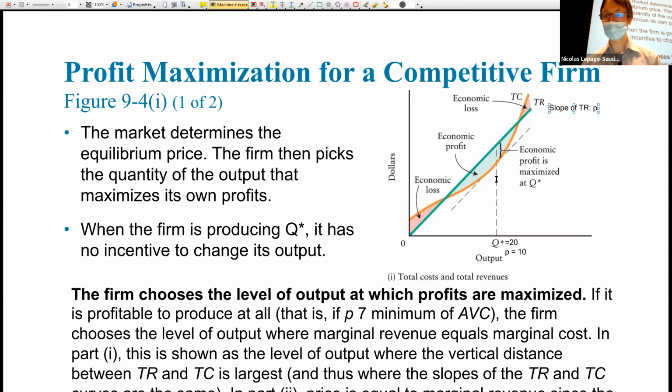And then what matters is the total cost curve. What I want essentially is to maximize the difference between the total revenue and total cost. So which point is the best for me? Well, if I produce 0, what is this difference there? Yes, awesome, thank you. So this is the fixed cost.